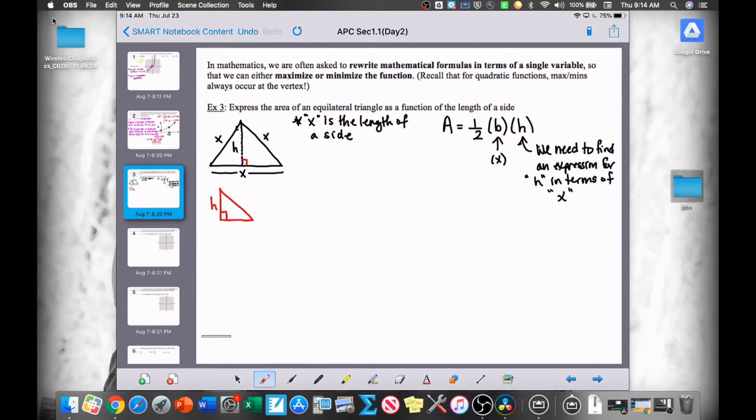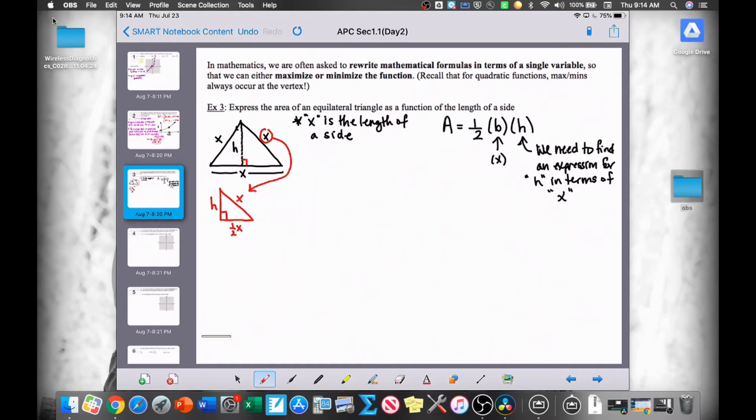It might not look like that in my picture, but it does. So then I know that the base of this triangle would be 1/2 x, because it should be half the distance of the equilateral triangle. And I know that this side right here is this side right here, so that side is x.